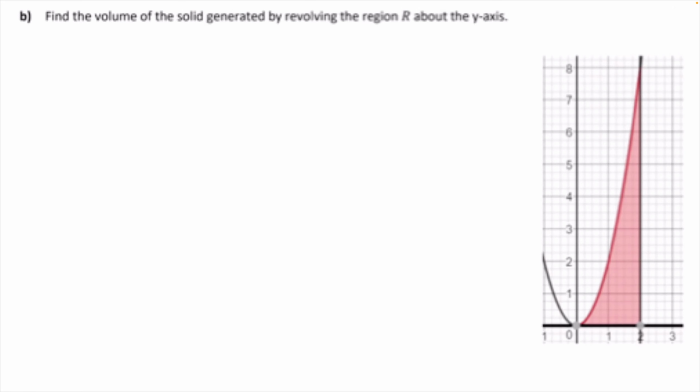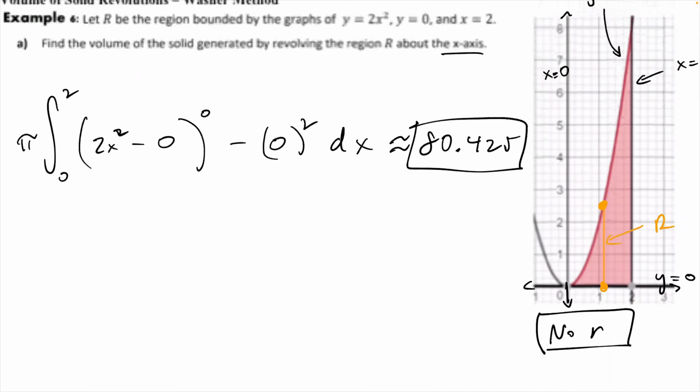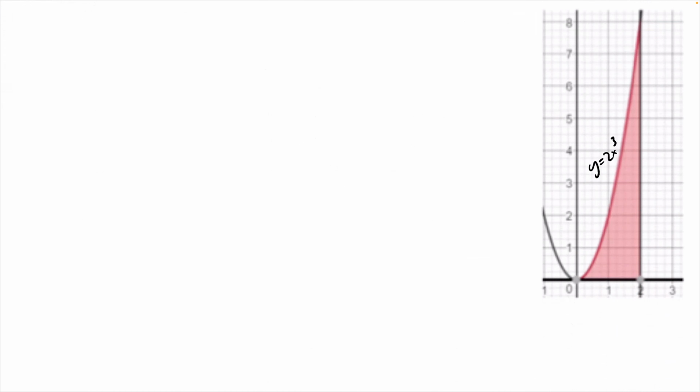So the parabola part is y equals 2x squared. Then we have a vertical line, x equals 2. And we also have a vertical line, x equals 0. And then we have y equals 0.